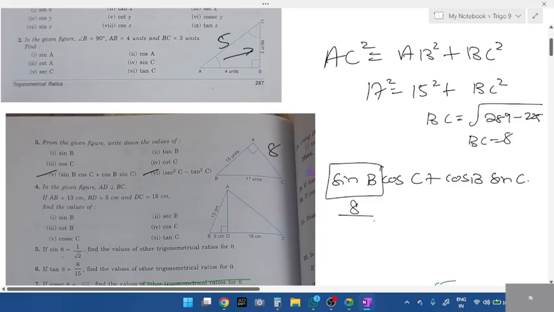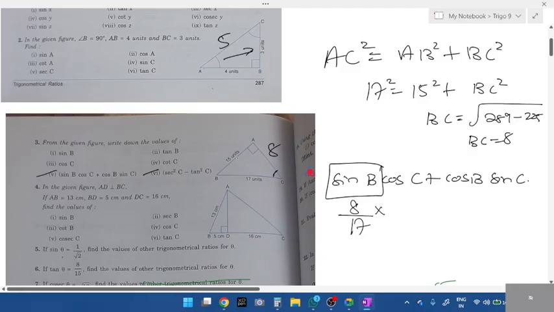Yes. 8 divided by hypotenuse, multiplied by cos. What is cos? Base by hypotenuse. Okay. From angle C, which is base, 8 or 15? So for C, what is 15, the opposite or next?